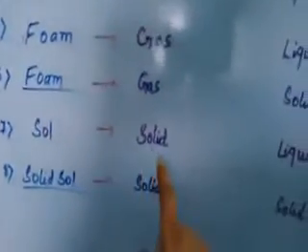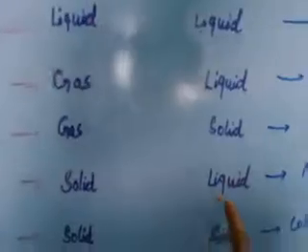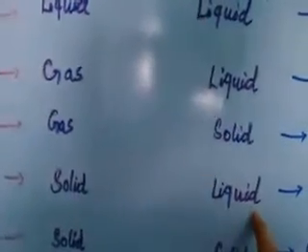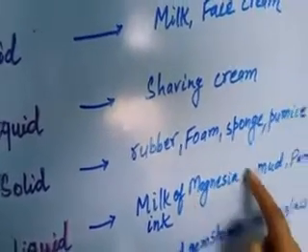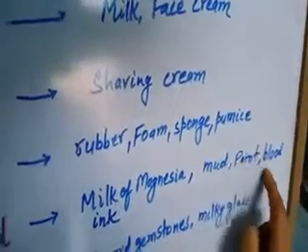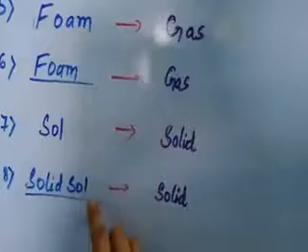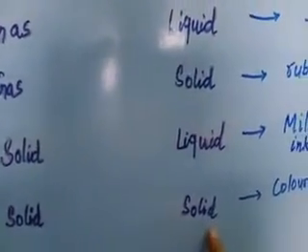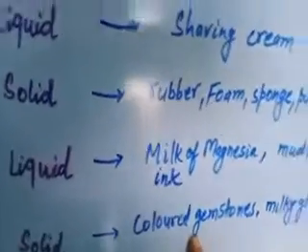If the sol has dispersed phase solid spread in the liquid dispersing medium, then that type is solid liquid sol, and the examples are milk of magnesia, mud, paint, blood, ink, etc. If you have solid sol, that means solid dispersed phase spread in solid dispersing medium, then examples for that solid sol are colored gemstone, milky glass, etc.